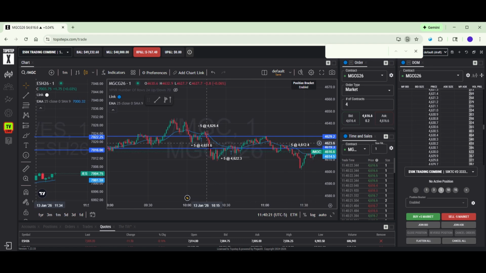So, the first trade I took on gold was based on this break of the high, the 5 minute opening range. We had this retest here and then another move up.